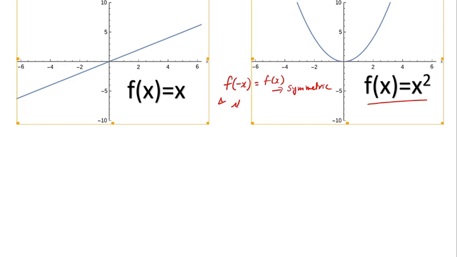And if f(−x) = −f(x), then the function is called antisymmetric. In our case, since f(x) = x², if I substitute f(−x), that is going to be (−x)², which is equal to x², the same as f(x) as we defined here.